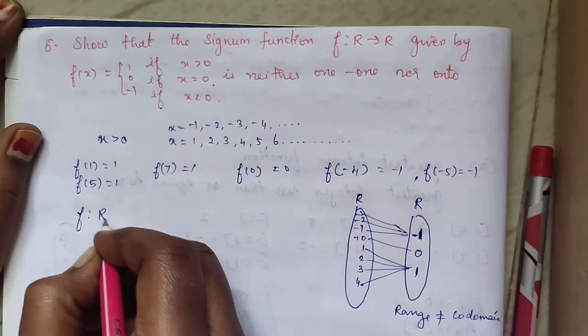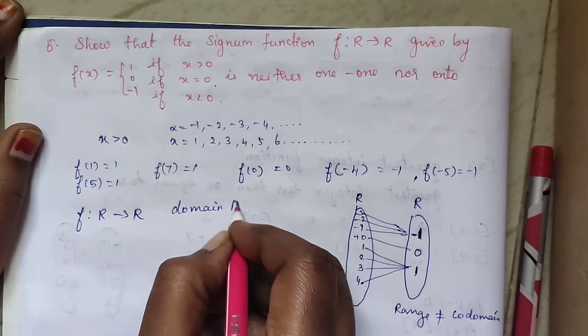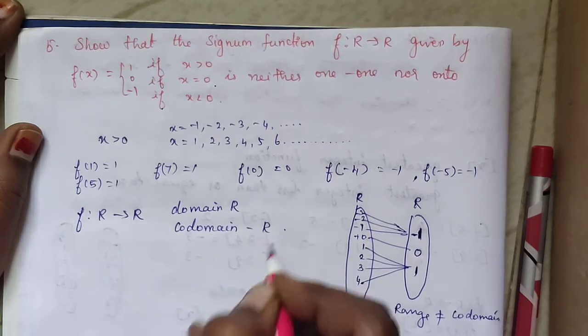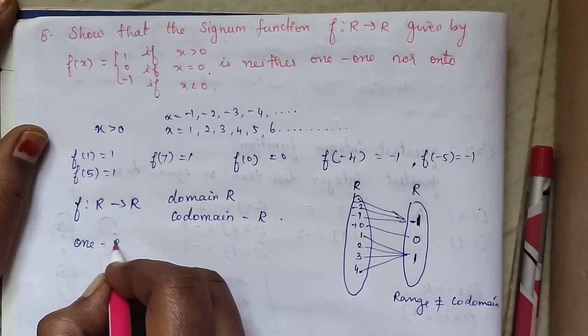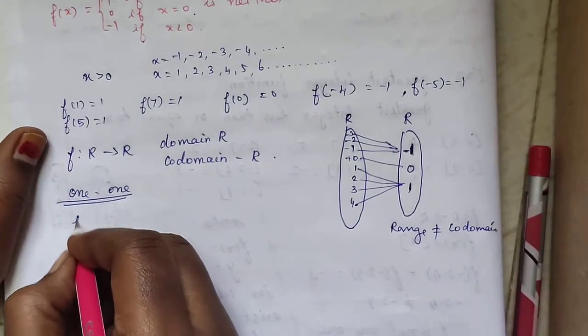Now f from R to R, the domain is R, codomain is also R. Now one-one function.